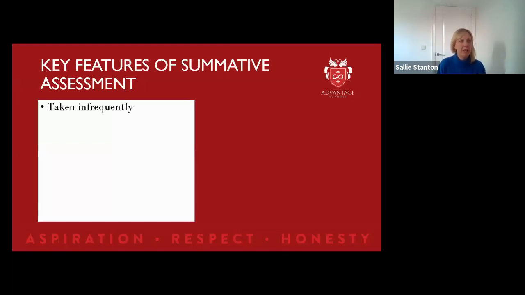So firstly, it should be taken infrequently, in standard conditions, so pupils are taking it in similar conditions. Obviously, if you're trying to make inferences about what pupils know and what they can do, and one pupil has sat the test at home with all of their materials around them to refer to, the internet to Google the answer on, it's not going to give you an inference that you can compare with the pupil that sat it in silence in a classroom on their own in timed conditions.